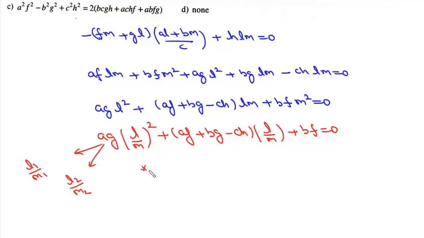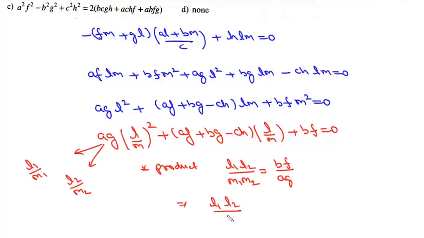Now if we write the product of roots, we can write l1 l2 upon m1 m2 will be equal to c by a, and that is bf upon ag. We can rewrite this as l1 l2 upon f by a equals m1 m2 upon g by b, and in place of n, if we take l and we solve it again, we'll get this as n1 n2 upon h by c.